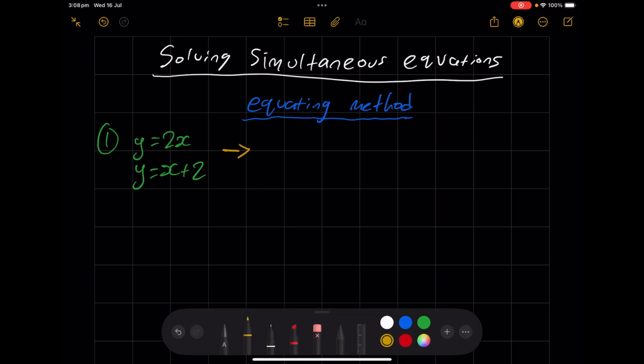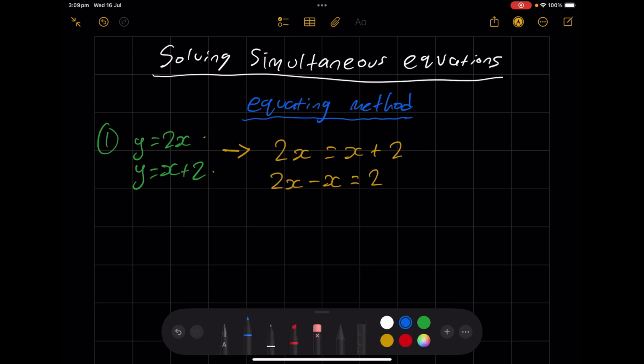So I can write out 2x, which is from here, equals x plus 2, which is from here. And from there, we want to isolate x. We want to get x on its own. We follow all of our algebraic rules, and we go through the steps to find x on its own.